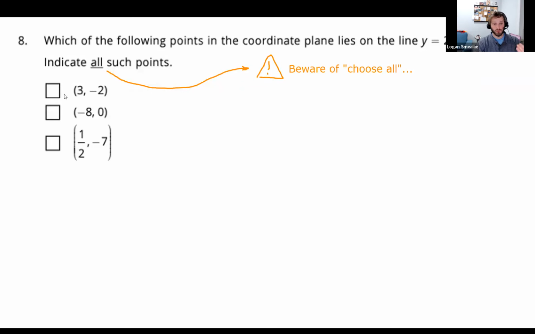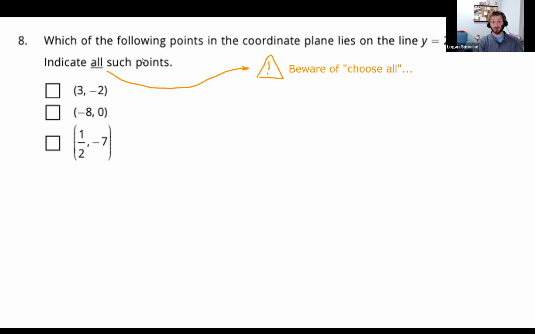Each one of these is its own question that you have to click yes or no on. A third thing is, because you have to correctly do yes or no on all 3 of these to get it right, there's no partial credit. It's just, did you get them all right or not? These are statistically a little tougher as well because you have to make several correct choices in a row.